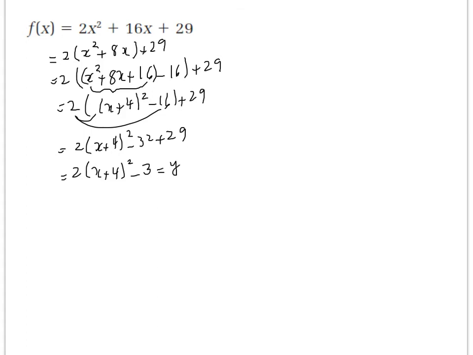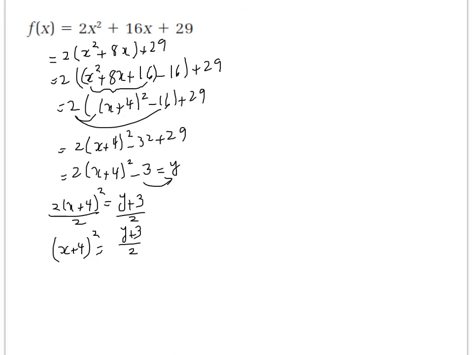Now I'm going to isolate x by moving this to the right, so I get 2 times x plus 4 squared is y plus 3. Now I'm going to divide by 2. I get x plus 4 squared is y plus 3 over 2.